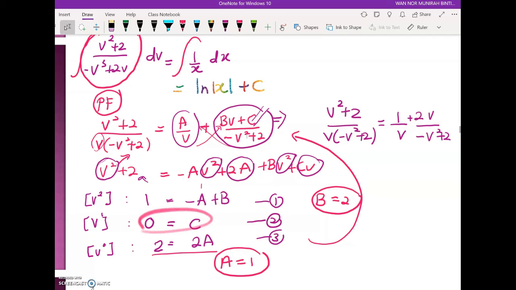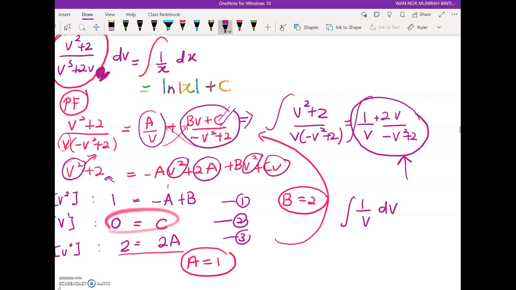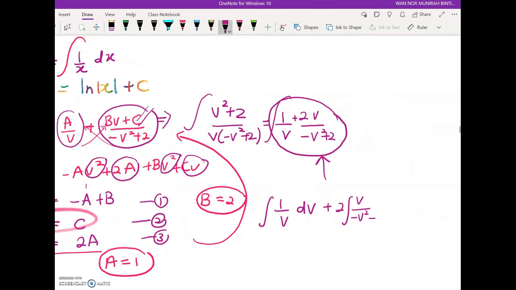So what I can conclude here is the integration of your left hand side is equivalent to integrating by using partial fraction. So integrate 1 over v dv plus 2 integrate of (v over negative v squared plus 2) dv gives me natural log v, plus 2 times this one, which is by using substitution again.